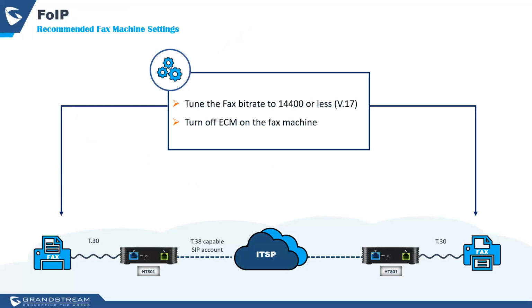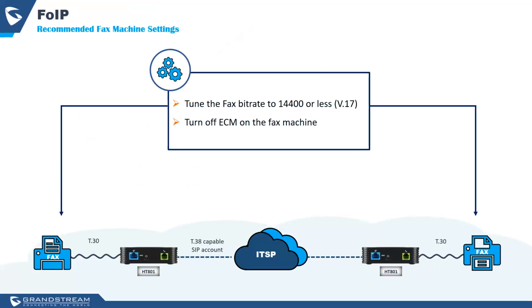And usually there are some settings that are also required to be implemented on the fax machine settings. The first one being the bit rate. It's important to remember that the HT800 series uses V17 modulation standard, which requires bit rates lower than 14,400. And basically, bit rate means the transmission speed for fax.